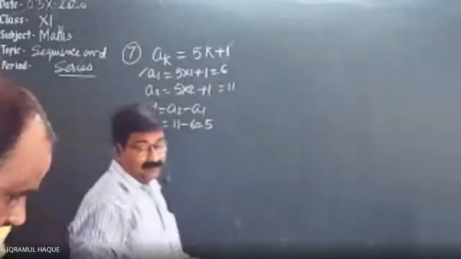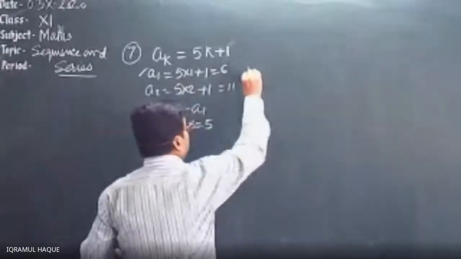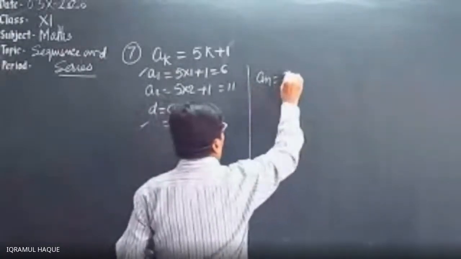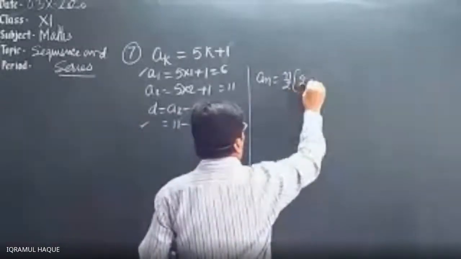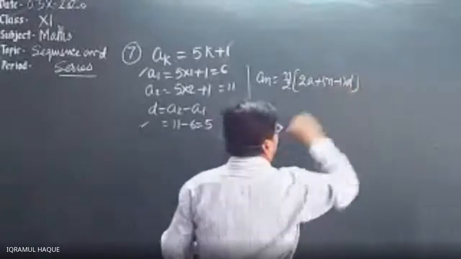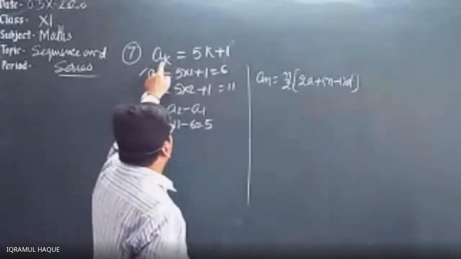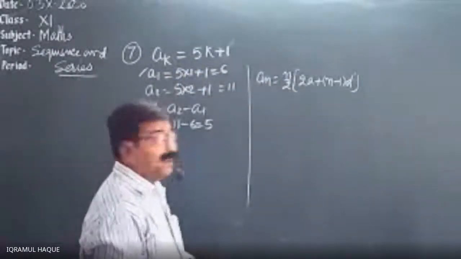Now, finally, we have to find AN. AN is equal to N by 2, 2A plus N minus 1 into D. This way you can find it, or replace this K by N, so you can get the value of AN. You can directly put the value of AN.